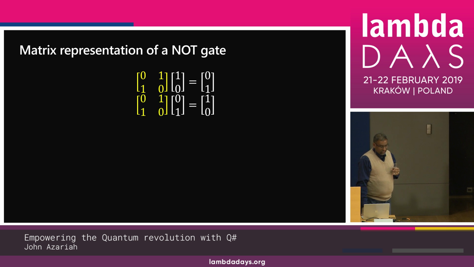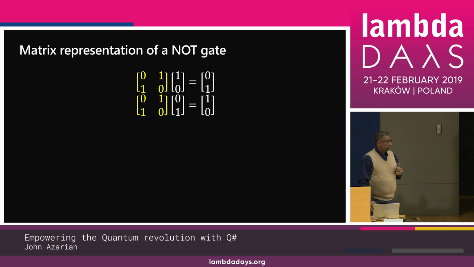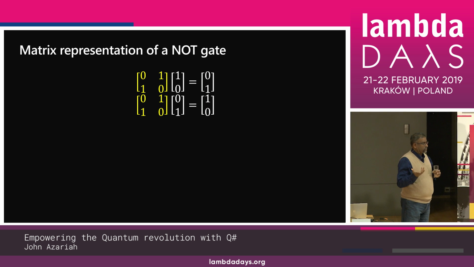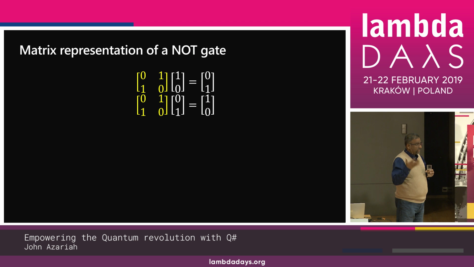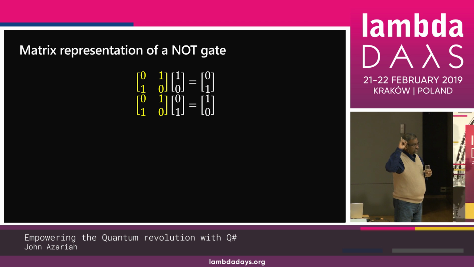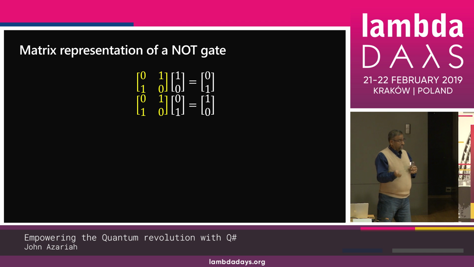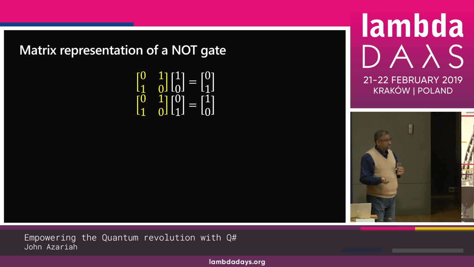And if I take the same matrix and multiply 1, I get back a 0. Now, this is truly an abstraction because we don't know anything about how we represent any of these things. But there's a mathematical way of representing the operation that takes you from one place to the next.